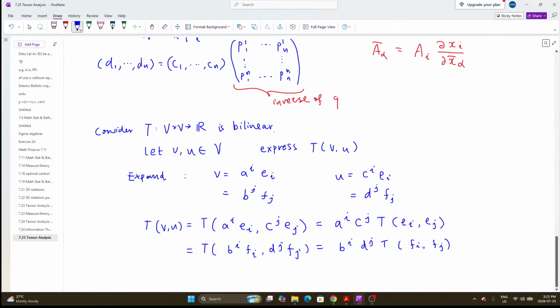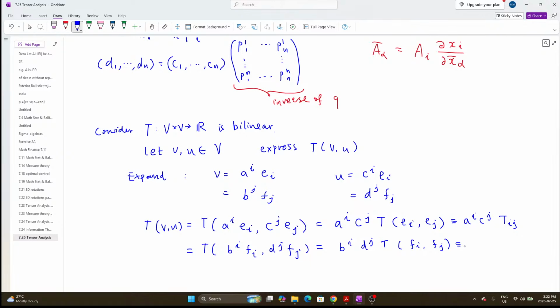And we're just going to define T of E I E J as A I C J, and this is, let's call that T, because I and J are downstairs, let's just say T I J downstairs with no other embellishment.